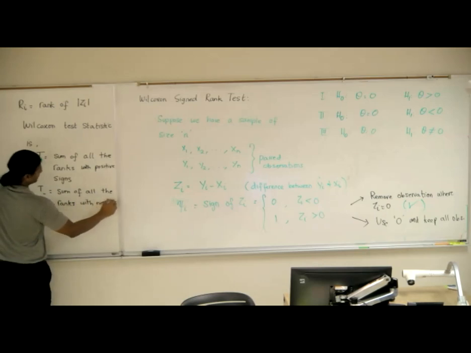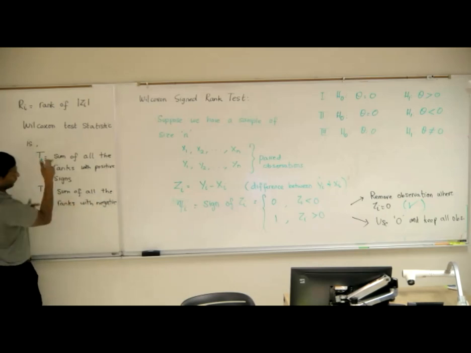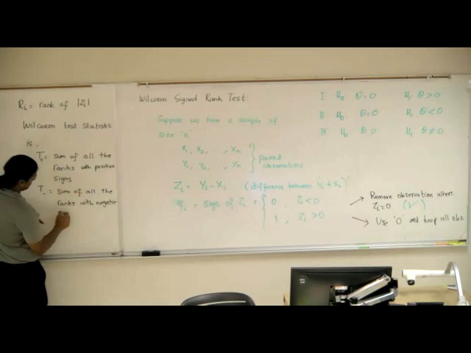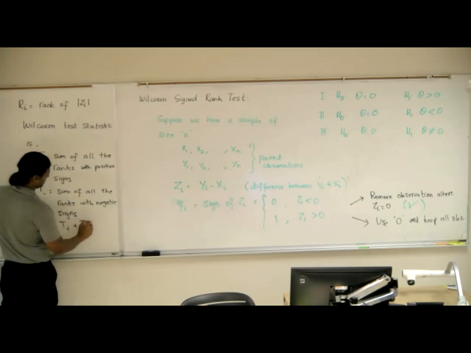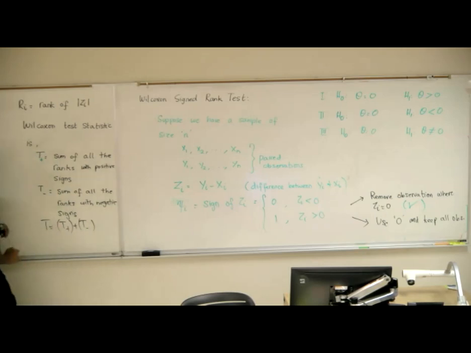Of course, it would be a moot point if we sum all the ranks. I'll tell you why. And naturally, T, the sum of all ranks, is simply T plus plus T minus. We're just summing all of them together.